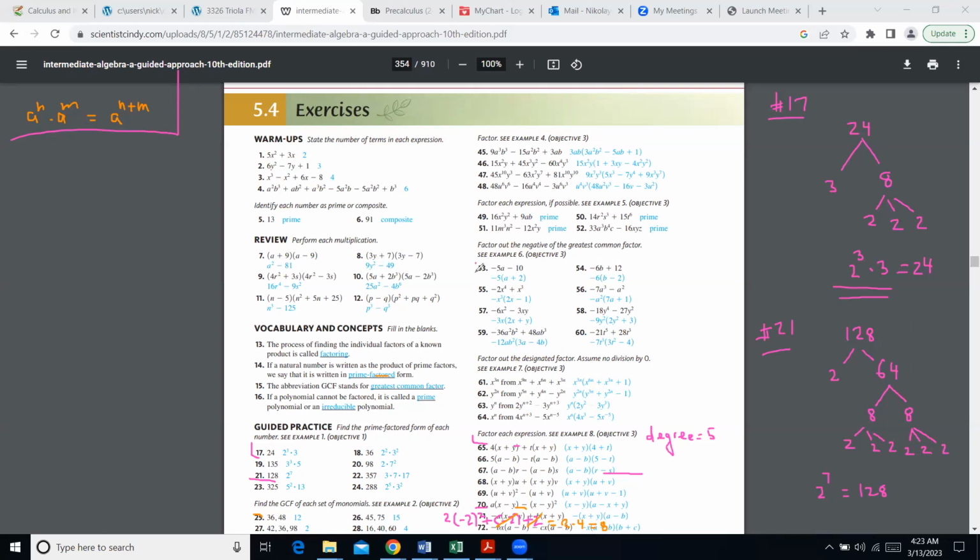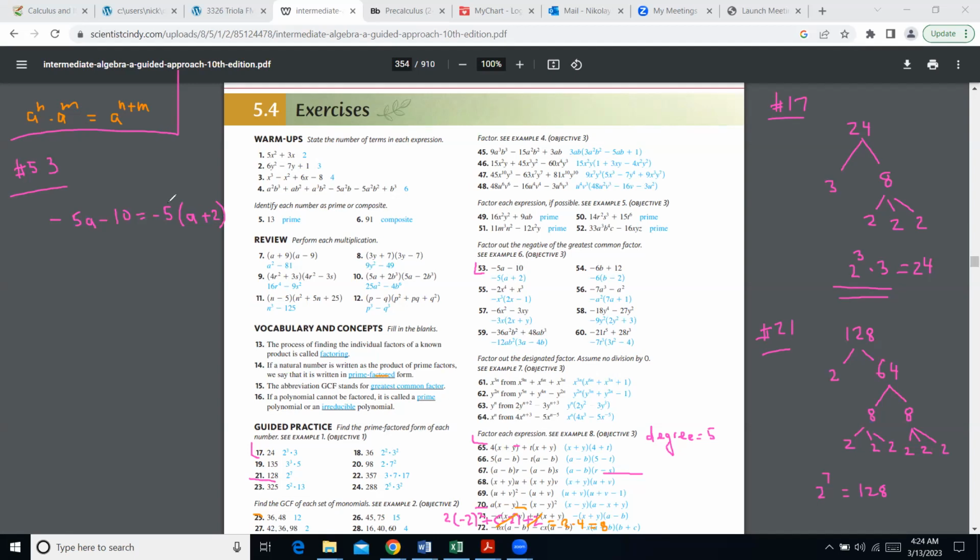When I'm looking at exercise number 53, that has a pair of negative numbers, it turns out I can factor out a negative sign here. If I have minus 5a and minus 10, then what you can do is take out negative 5 and have a left from the first term and positive 2 left from the second term.